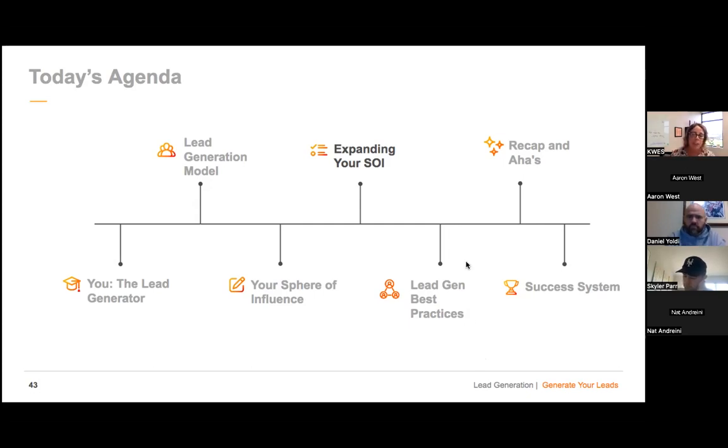So it's really just like Daniel said, his aha: even though my sphere of influence and my database might not be huge, there's huge opportunity in that, right? And focusing on that while you're continuing to make it grow is an opportunity. It's only an opportunity if we take action, right? Just knowing there's an opportunity and understanding it, versus what am I doing to actually put it into action, okay?